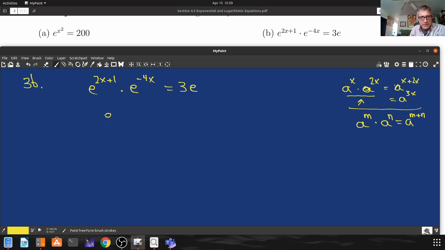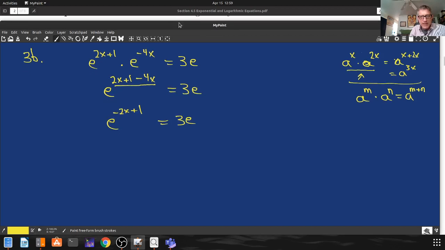So this is the same as e raised to the 2x plus 1 minus 4x, and that's equal to 3 times e. Now I'm going to simplify the exponent up here. 2x minus 4x is minus 2x, and then when you add 1 to it, I get minus 2x plus 1. And that's equal to 3e.